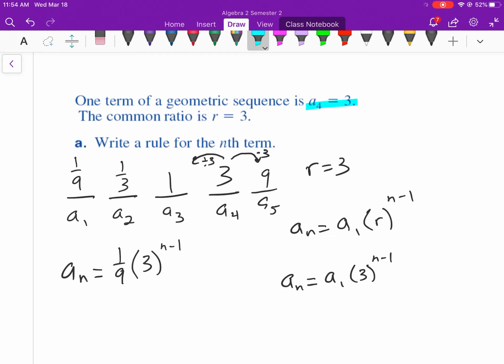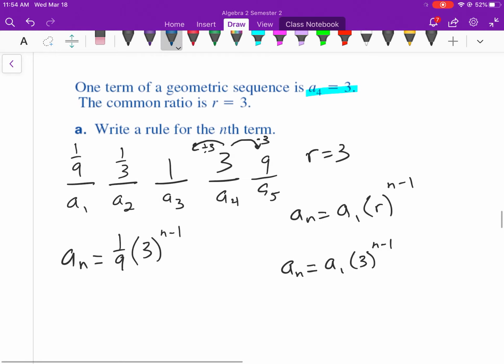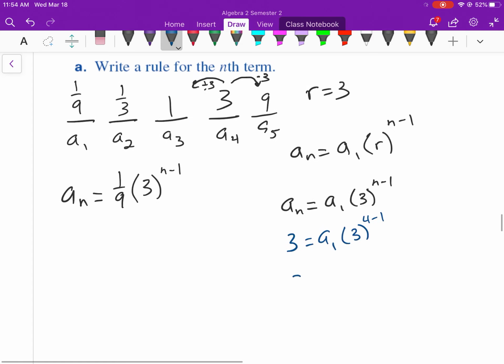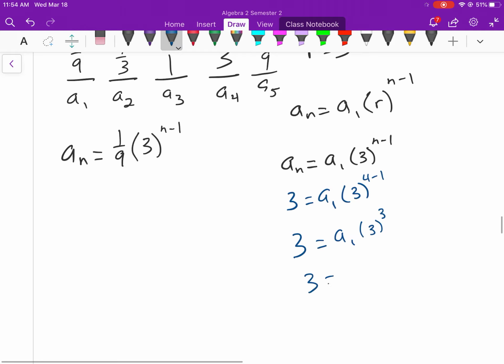So I know a4 is 3. So 3 is equal to a1 times 3 to the 4 minus 1, so 3 is equal to a1 times 3 to the third, which would be 3 is equal to 27 a1.